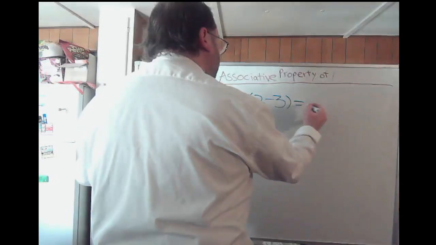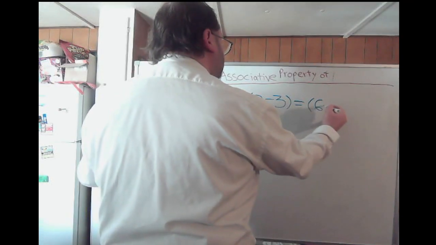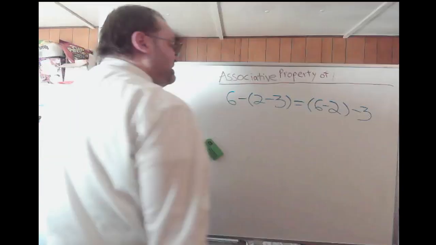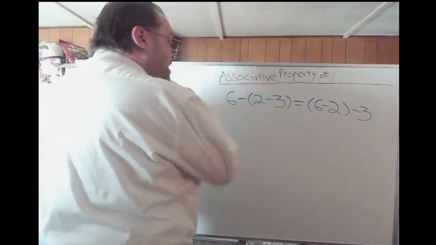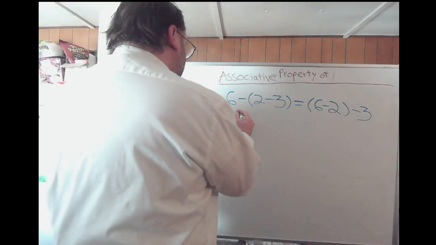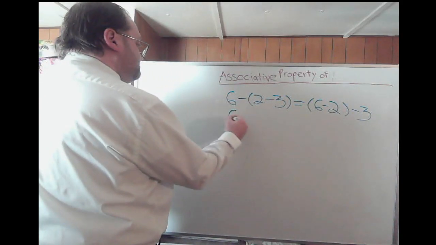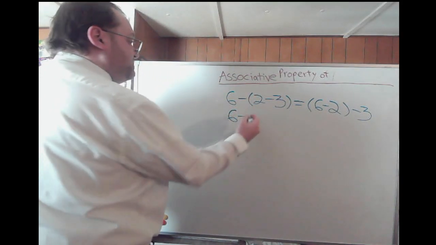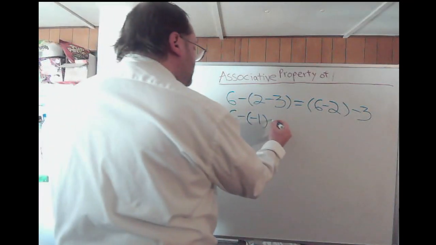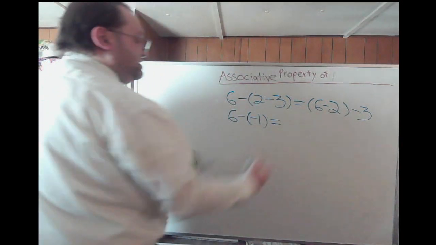Is that the same as, in parentheses, 6 minus 2 minus 3? Is that the same? Well, let's go on the left-hand side here. You'll have 6 minus what is in parentheses. 2 minus 3 is negative 1. So you'd have 6 minus negative 1 equal to what's in parentheses on the right-hand side.